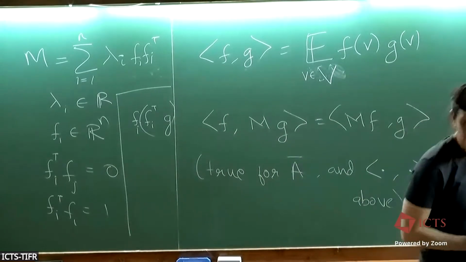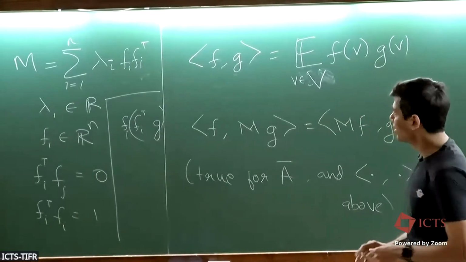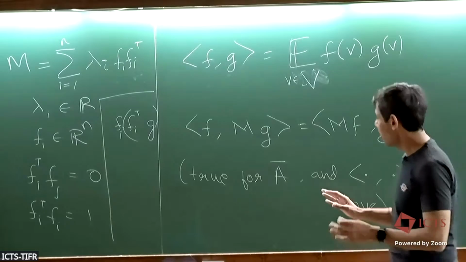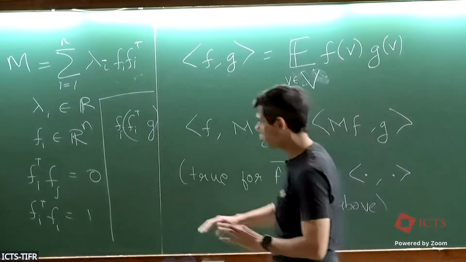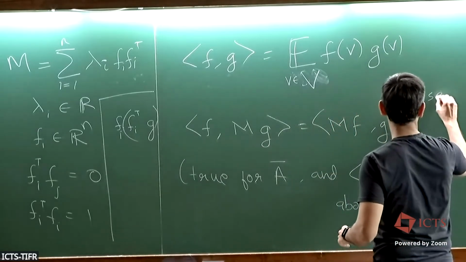So, a little bit of a detour, but we have ways of writing down eigenvalues and eigenvectors in general for any matrix which satisfies this kind of property. It's sometimes called self-adjoint.